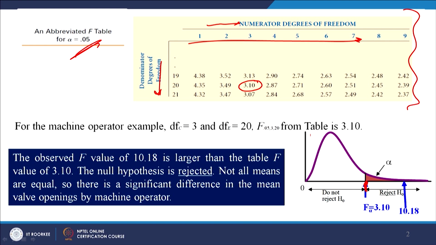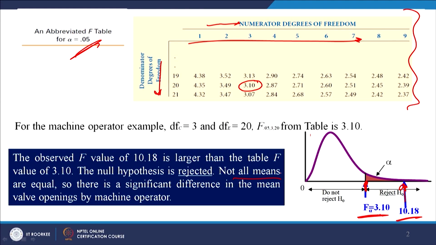critical value F 3.10, and as we know, in ANOVA the F test is always a right tail or upper tail test. So, this is our calculated F value, which is 10.18, which falls in the rejection region. So, we will reject the null hypothesis.